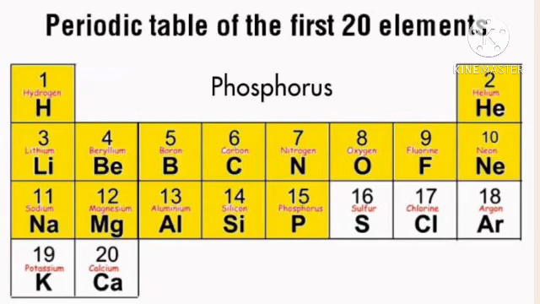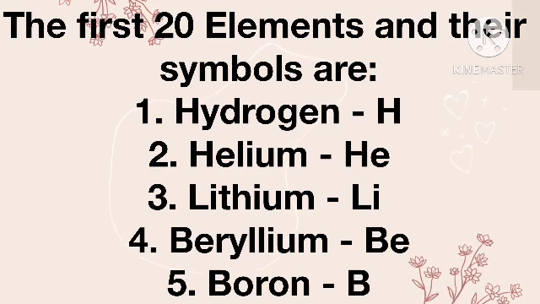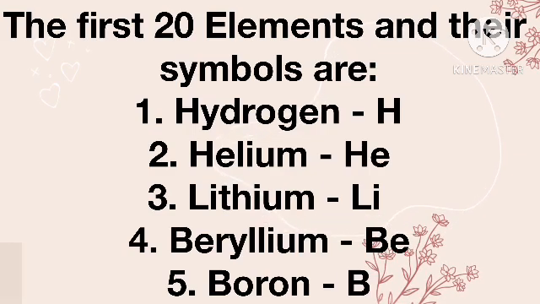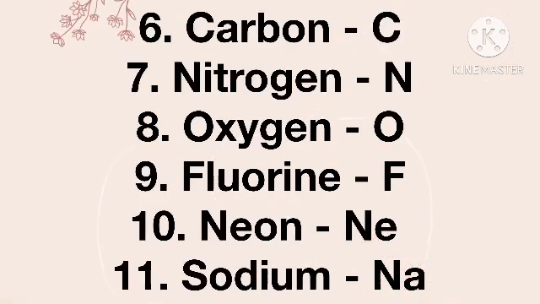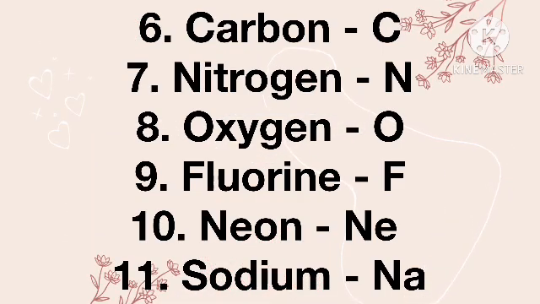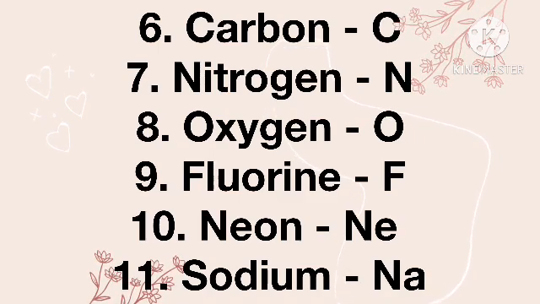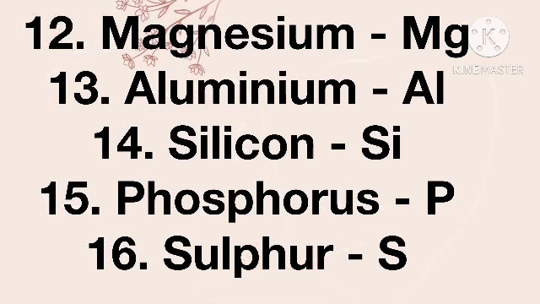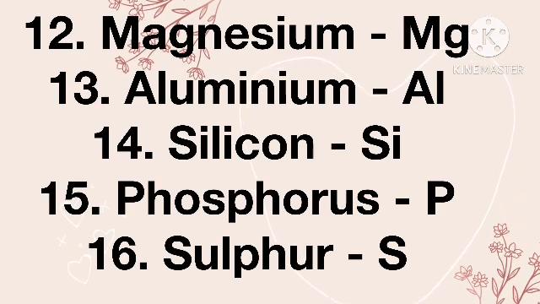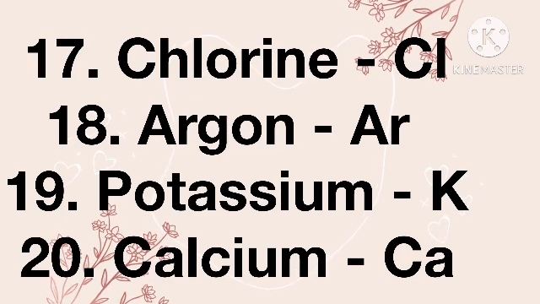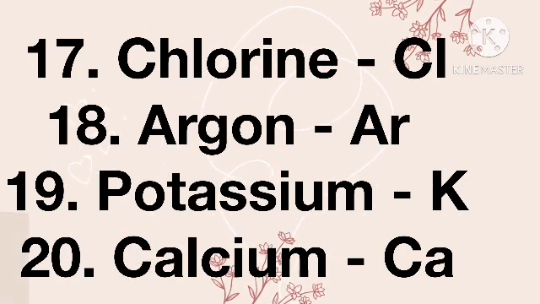Now, the first 20 elements are hydrogen, helium, lithium, beryllium, boron, carbon, nitrogen, oxygen, fluorine, neon, sodium, magnesium, aluminium, silicon, phosphorus, sulfur, chlorine, argon, potassium, and calcium.